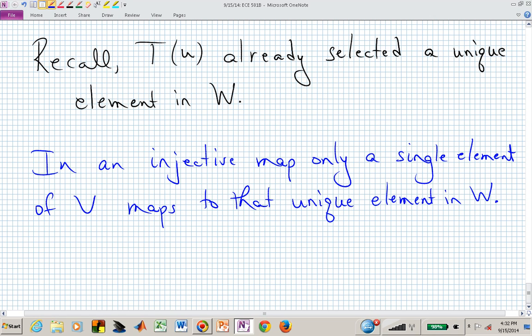That's what this is meaning. You start at one place, you go somewhere. You start at a different place, you go somewhere else. It's one-to-one.